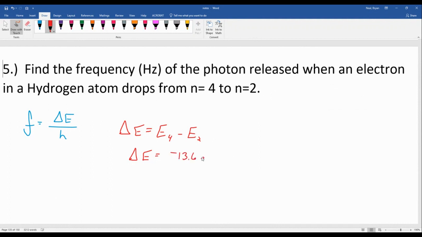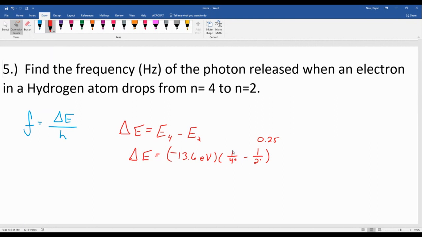So negative 13.6 electron volts, technically 1 squared, but that's not going to do anything, so I'm going to leave it out. And then we get 1 over 4 squared minus 1 over 2 squared. So 1 over 2 squared is 1 over 4, which is 0.25.